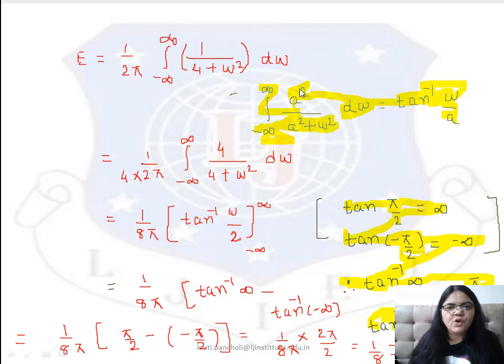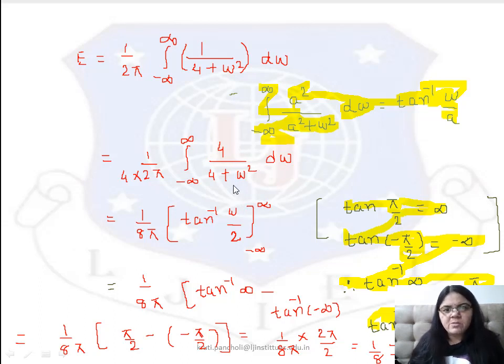Here we need a square. So what should I do? I should multiply and divide by 4. So it is 1 upon 4 multiplied by 2 pi integration of minus infinity to infinity 4 upon 4 plus omega square d omega.